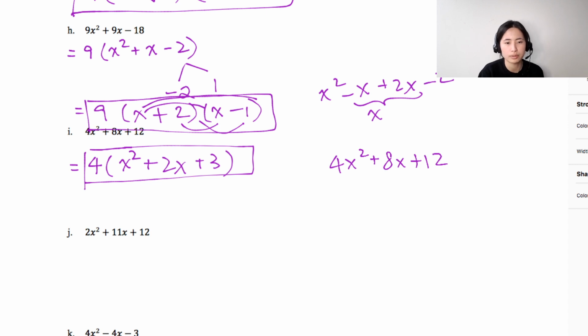But let's say we apply another trick, which I think we can use here. If a is not equal to 1, like right now a is equal to 4, what you can do is actually split up 8. So let's say you have 4x squared, and maybe we can split this up and have the common factor.